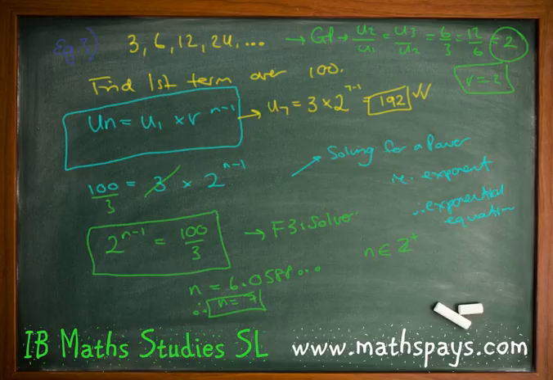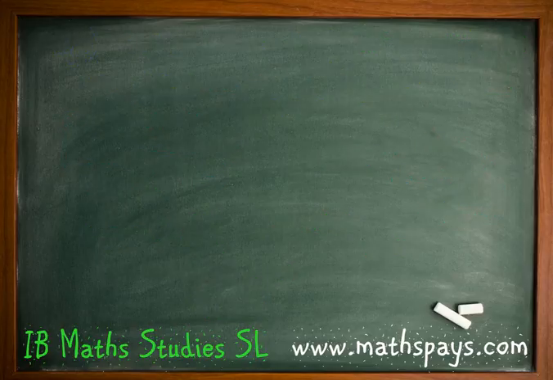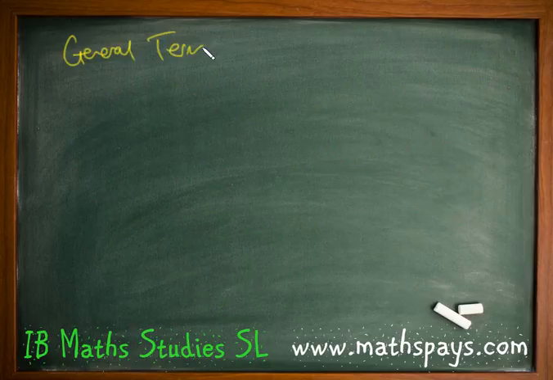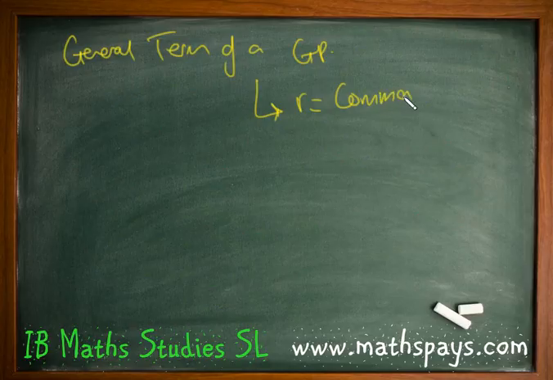So just as a quick recap, what have we learned today? Well, particularly we went through the nth term, or the general term, of a GP. First of all, why is it a GP? Well, we have that common ratio, i.e. we know that U2 divided by U1 is equal to U3 divided by U2, or vice versa.